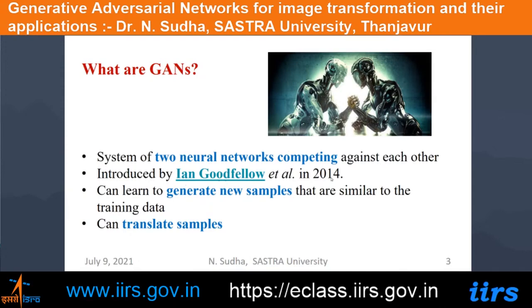It is mainly used to learn to generate new samples that are similar to the training data. So once the network is trained with some kind of data, it will be able to generate new samples similar to that. And it can also translate the samples.